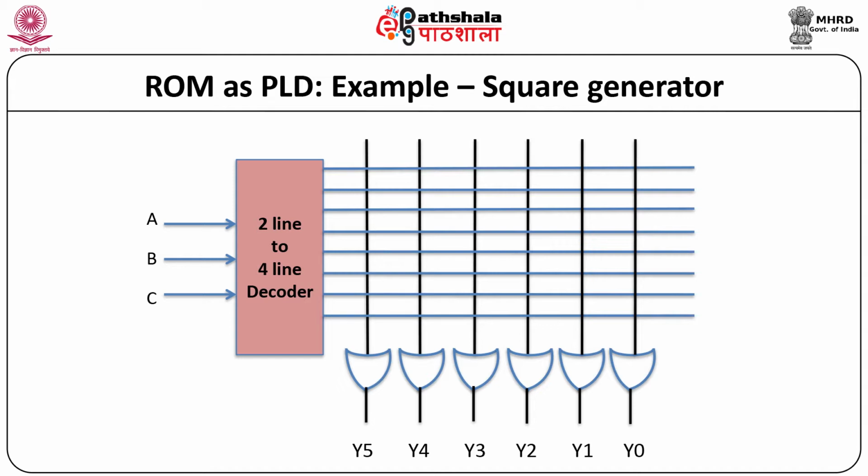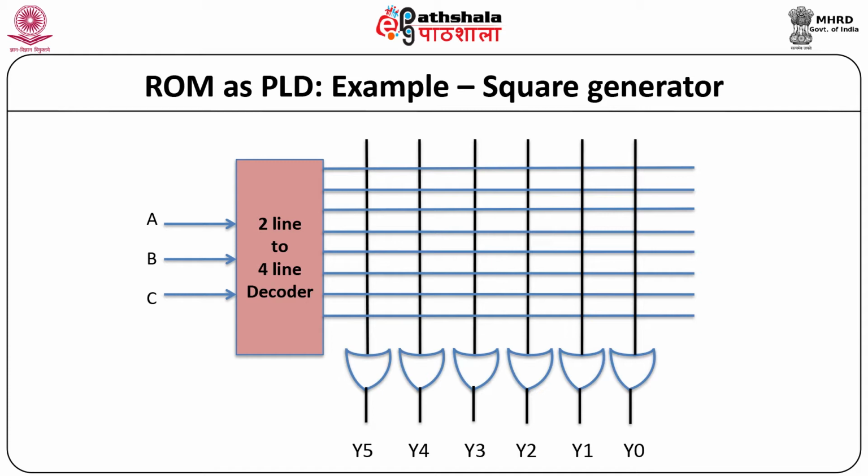The address decoder, a 3-line to 8-line decoder, will accept 3 inputs A B C. The address decoder generates 8 output lines acting as rows. The number of columns in the matrix is decided by the number of outputs of the combinational circuit.